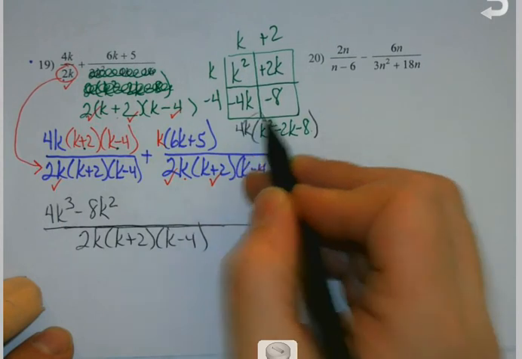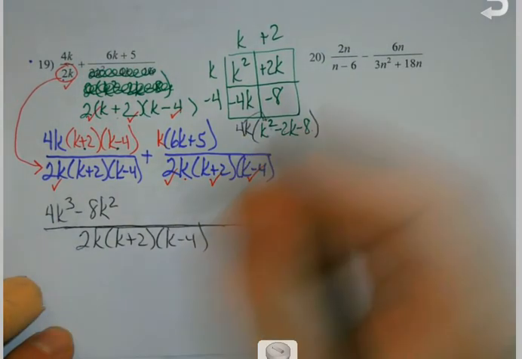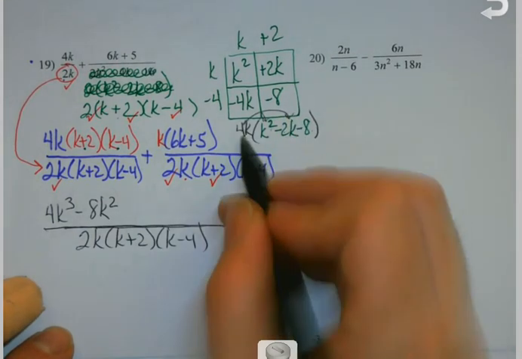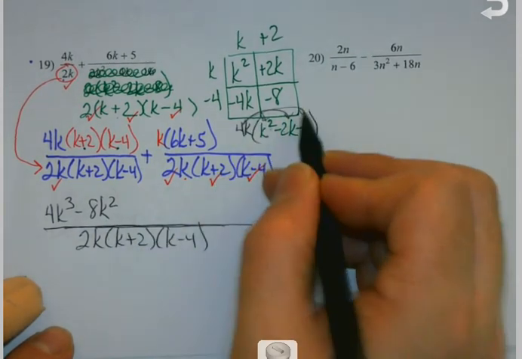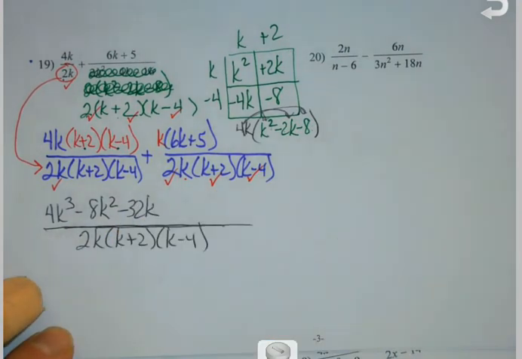I'm distributing through. K times k squared, there's 4k to the third. 4k times negative 2k, negative 8k squared. And then 4 times negative 8 is negative 32k. Okay, so now my first fraction's cleaned up.